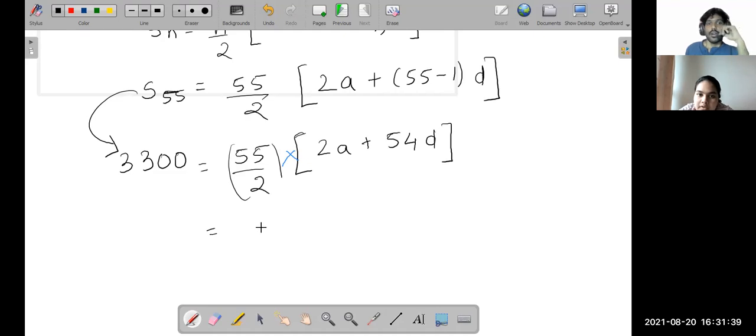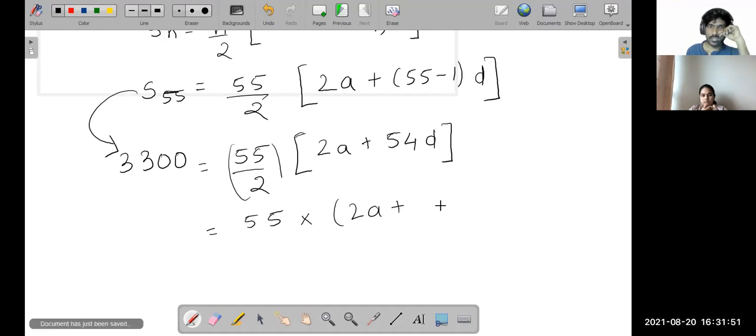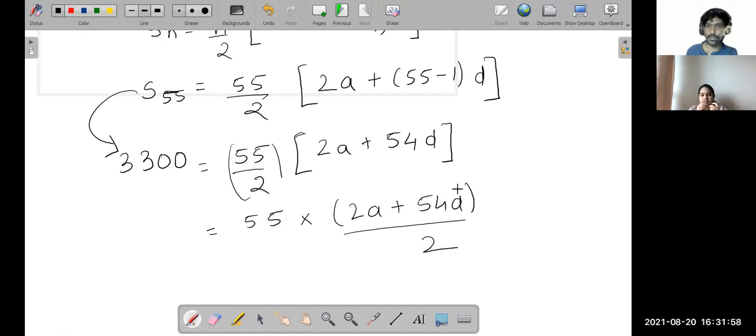Okay. Fine. One thing to do is I'll write 55 here, and you can take 2 on that side. We can do that also, but it will just give me a bigger number. Or we can do 55 into 2a plus 54d upon 2.